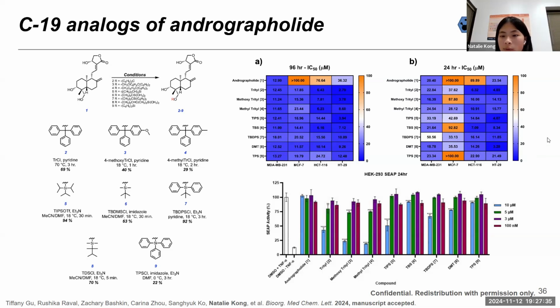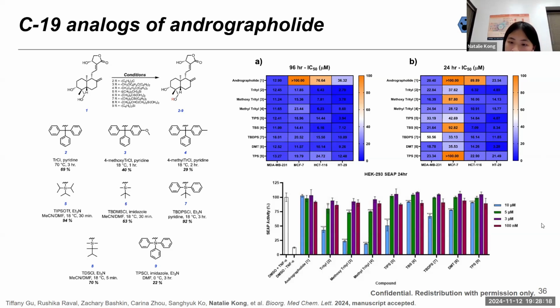Our main ones were 96 and 24-hour, and more surprisingly, they showed in 24-hour MTT to have much higher selectivity for the colon cancer cells specifically, over breast cancer cells, which was interesting to note, considering that it has been proposed in previous literature that breast cancer and colon cancer cells have different reliances on beta-catenin, one of the proposed pathways.